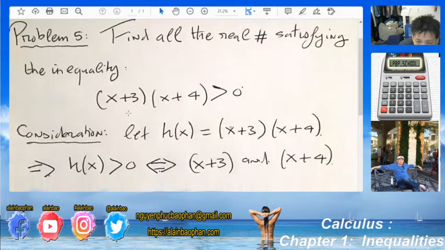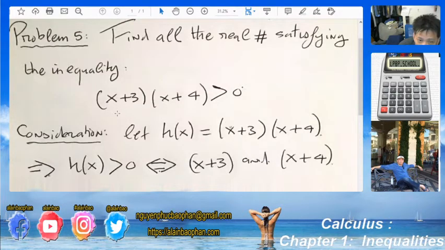That is equivalent to x plus 3 and x plus 4 having the same sign, right? Because let's say x plus 3 equals number A and x plus 4 equals number B. Two numbers multiplied together, in order to get a result greater than 0, both numbers have to be the same sign.